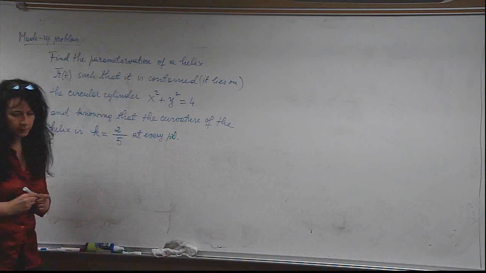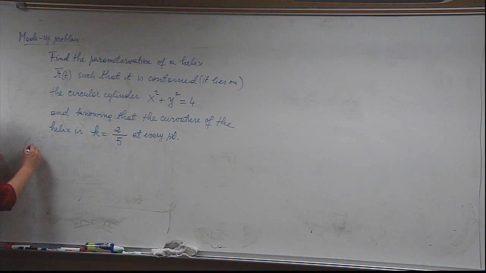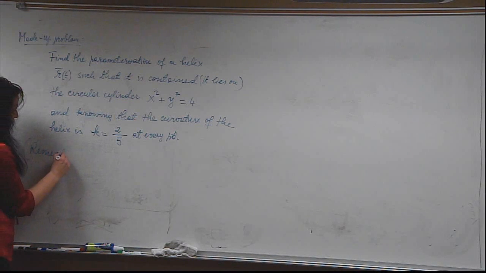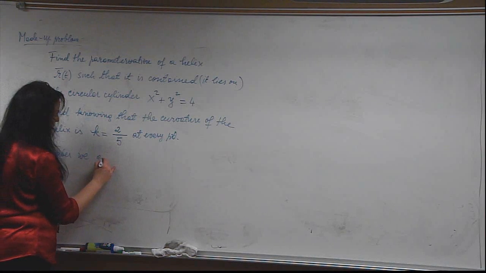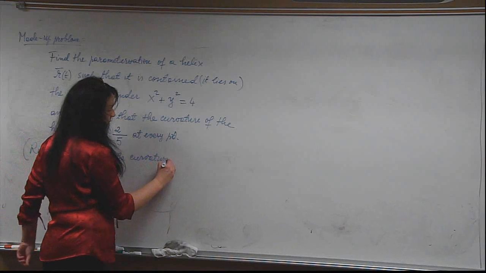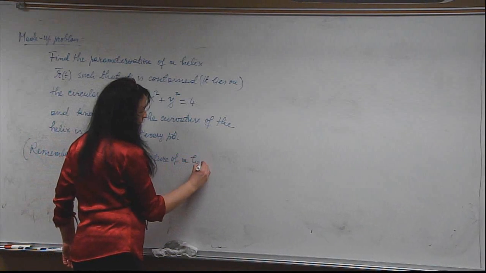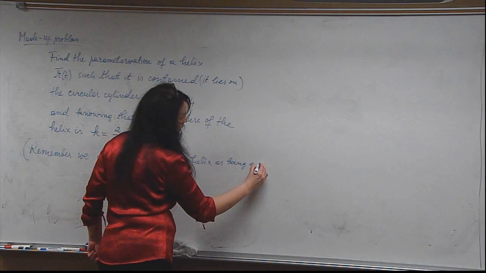Of course, it's an oxymoron because what we proved last time is that the curvature of a helix is a constant. So remember, we got the curvature of a helix as being a constant.